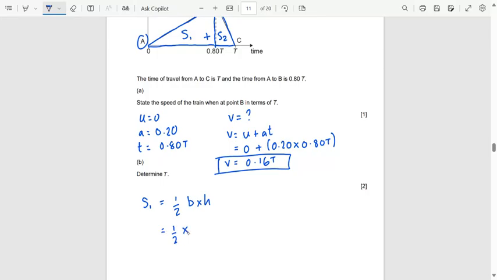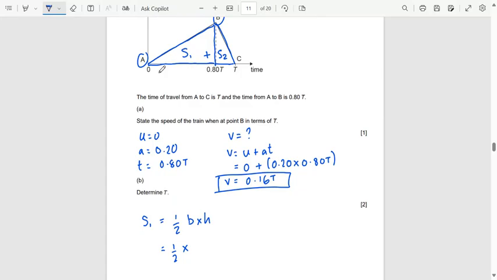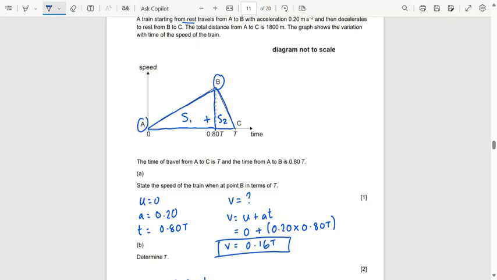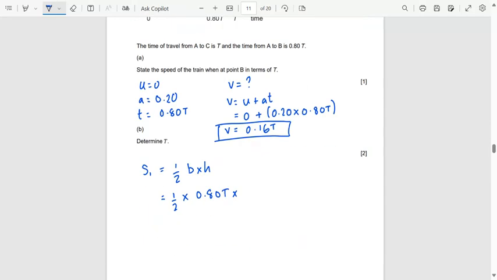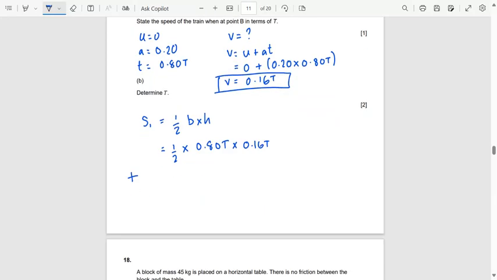So half times the base, which is 0.8t, multiplied by the height. The height is the speed that we've just calculated. We are then going to add S2, half base times height.